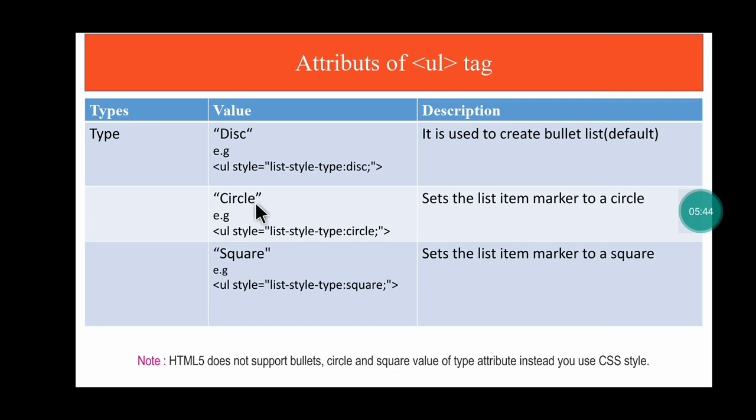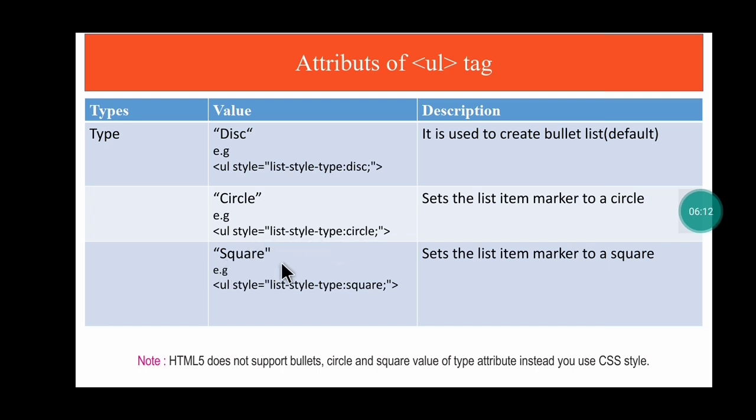For example, in the UL tag you use the style attribute, list-style-type, which sets how the bullet is displayed. Disc means a small circle filled with a black dot will display. Then if you want to use the circle type, you again use style, list-style-type: circle.